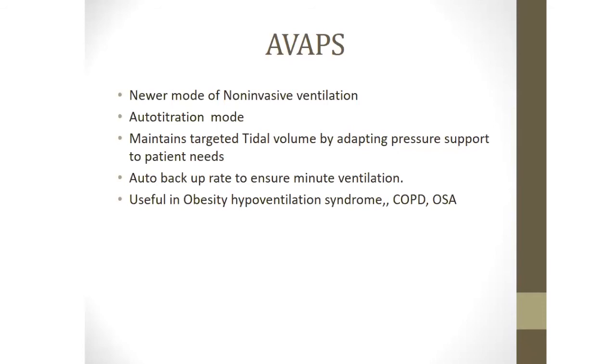It has an auto backup rate to ensure minute ventilation. AVAPS is useful where there is an issue of lung compliance, and it is best used in obesity hypoventilation syndrome, in neuromuscular disorders, and in patients who have restrictive lung diseases. That's the main use of AVAPS, not in hypoxemic respiratory failure. Next slide, please.